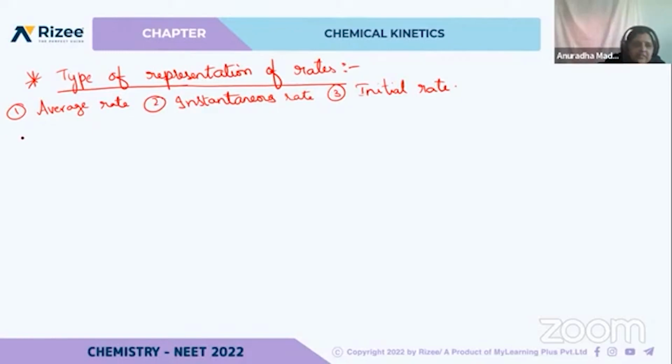So if we represent the same thing on a graph, when we study reactants, this axis is with respect to time, and this is with respect to concentration.